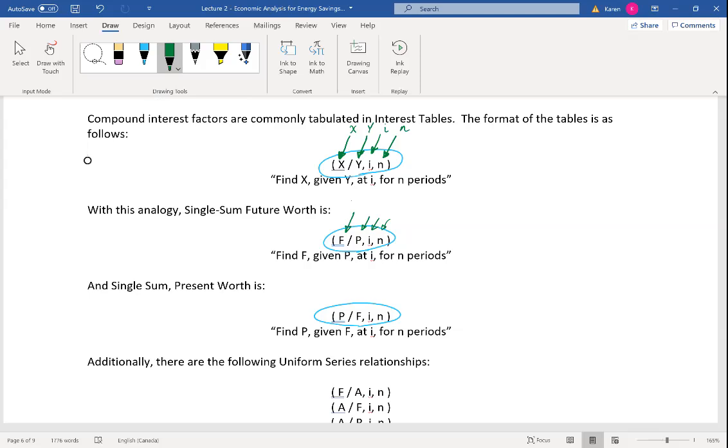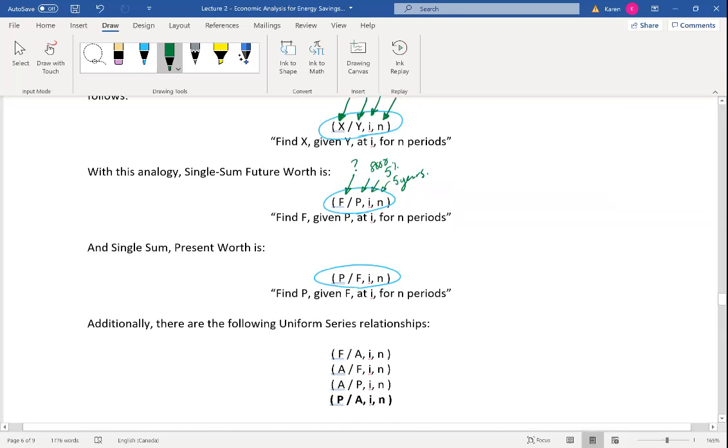So basically, what is my $8,000 worth in the future if right now it's worth $8,000 at an interest rate of 5% for 5 years? And this will give me a factor that I can then multiply by P in order to get F.